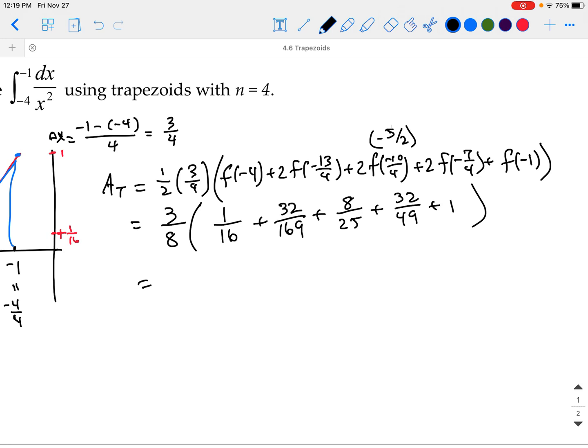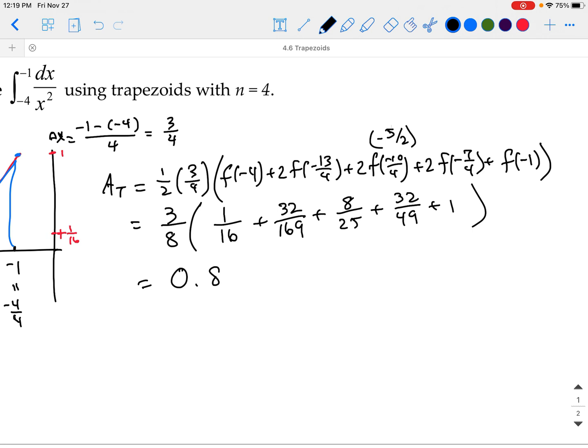So if we put that into a calculator, definitely be careful with your parentheses here. So 1 over 16 plus 32 divided by 169 plus 8 divided by 25 plus 32 divided by 49 plus 1.